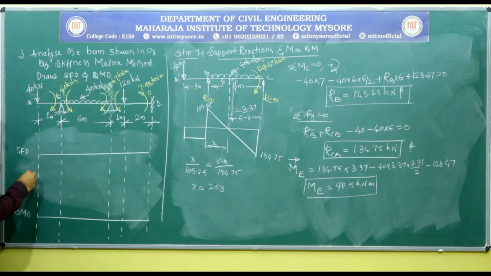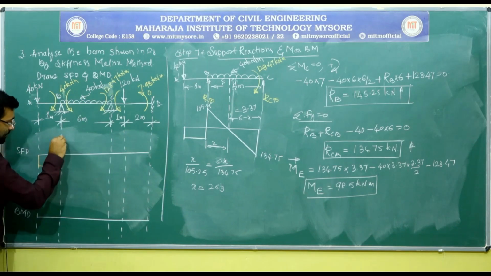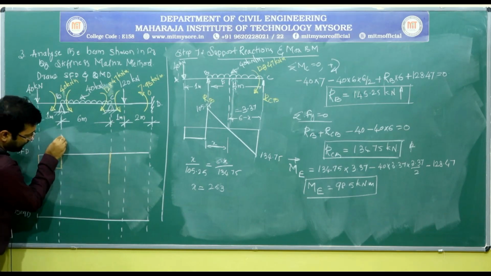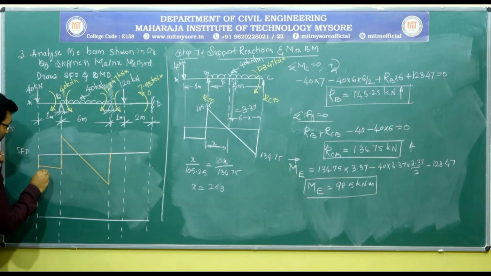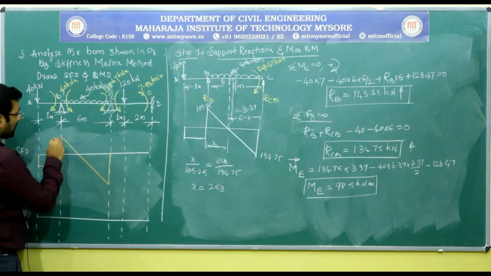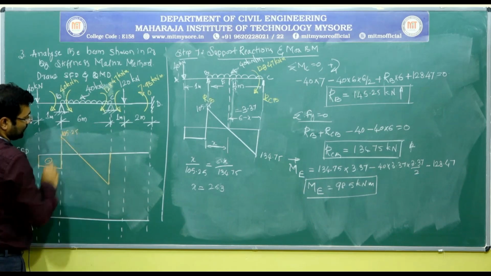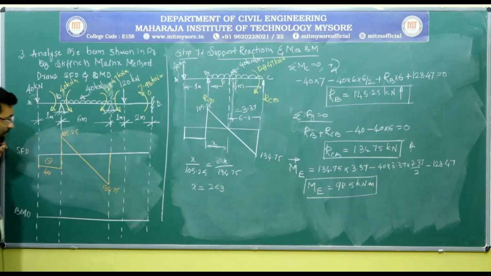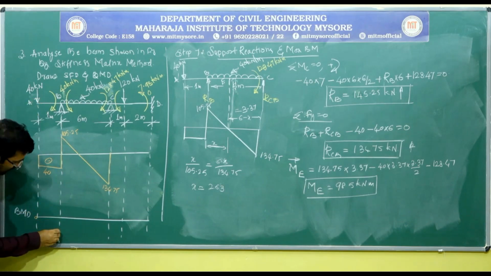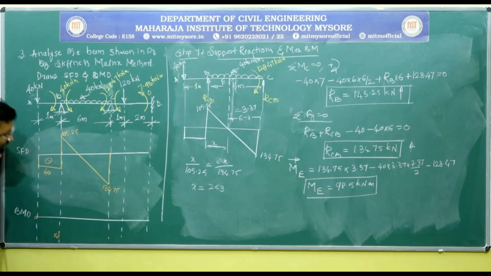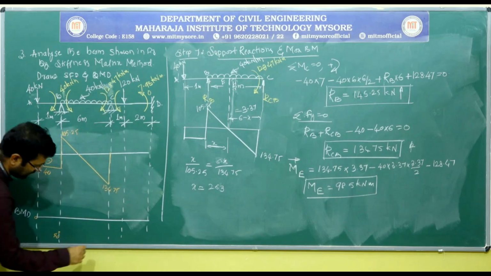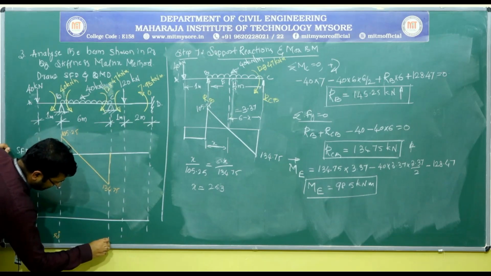Right. So using this, I will draw the shear force and bending moment diagram again. So I am just redrawing here the SFD. Okay. So this is about 40, this is 105.25, and this is about 134.75. And the bending moment diagram, here it is 0, and here we have a negative bending moment of 40, and here also we have the negative bending moment of minus 128 somewhere here.